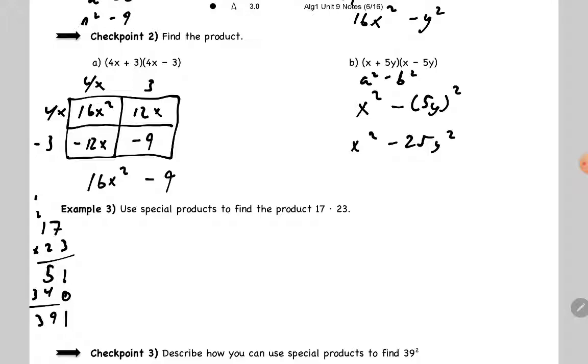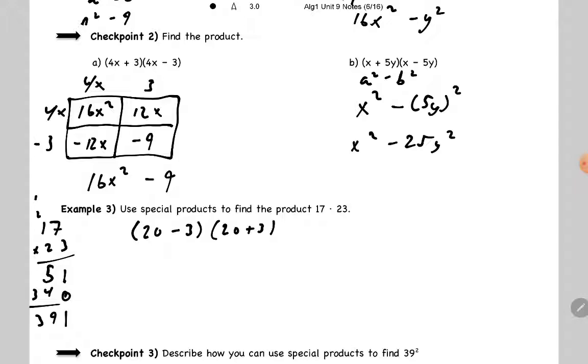But how do we do it using special products? It's kind of hard to tell, but 17 would be the same as 20 minus 3, and 23 would be the same as 20 plus 3.